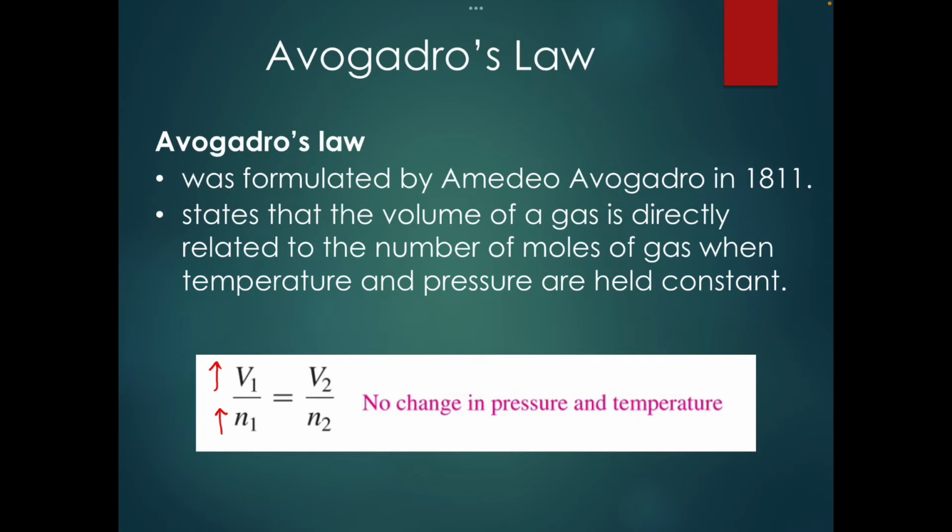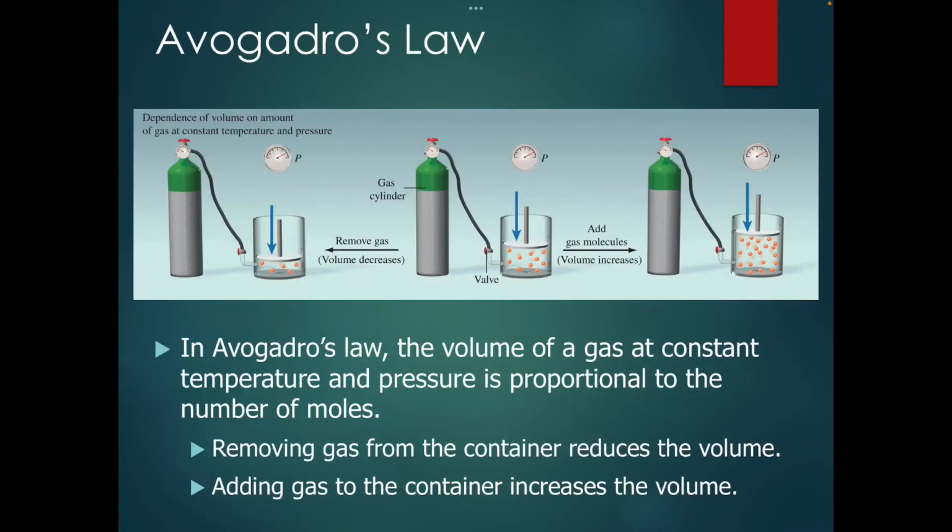Okay, so this is saying if pressure and temperature are held constant, as we increase the number of molecules, we're going to increase the volume. So again, I would think about this with respect to blowing up a balloon. This shows it with a gas cylinder. As we increase our number of gas molecules, you'll see that the volume went up.